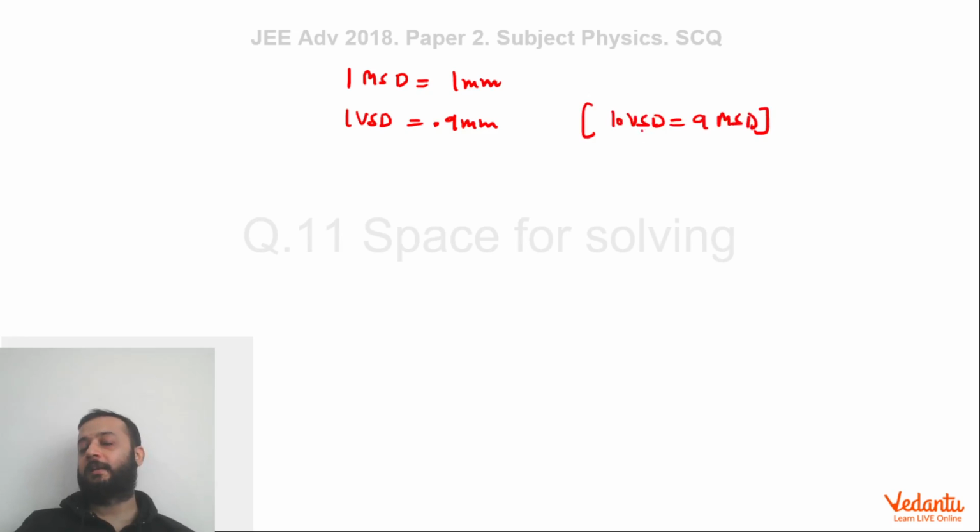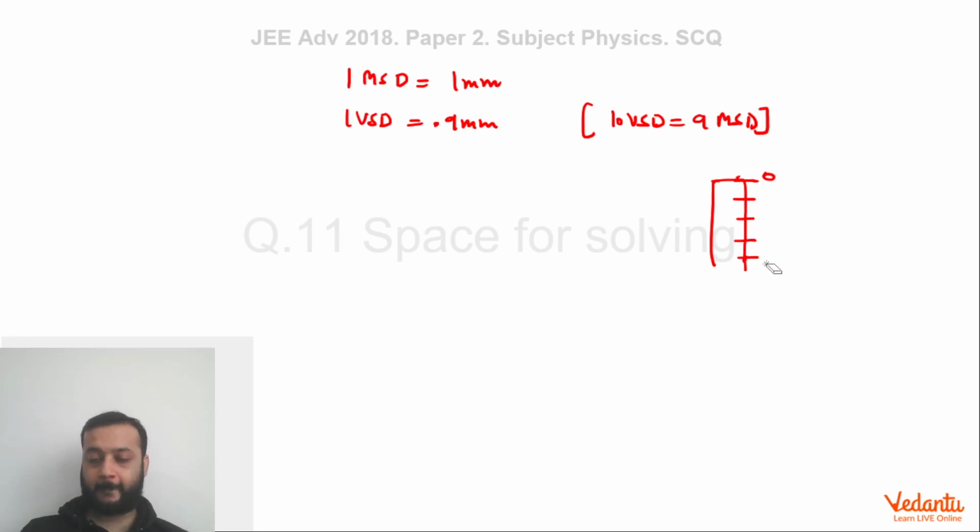That means 10 vernier scale divisions will be 9 mm, so one vernier scale division will be 0.9 mm, right? Now suppose this is the 0 of the vernier scale. This is the one division of the vernier scale, so that means this is 0.9 mm. This is the second division, this is the third division, and so on. This is the fourth division, and this is the fifth division, like that.